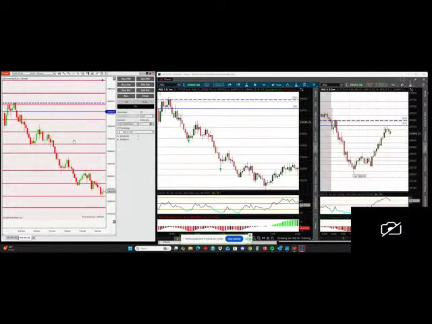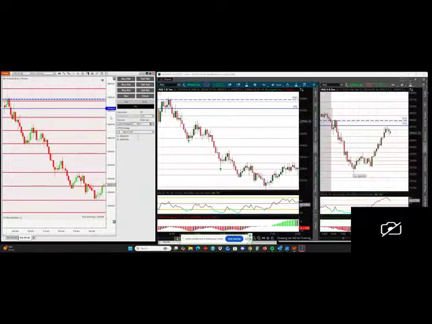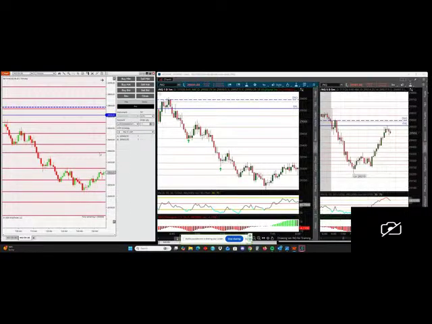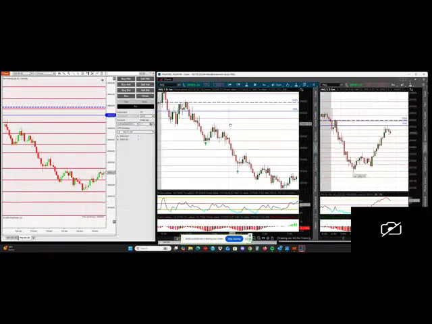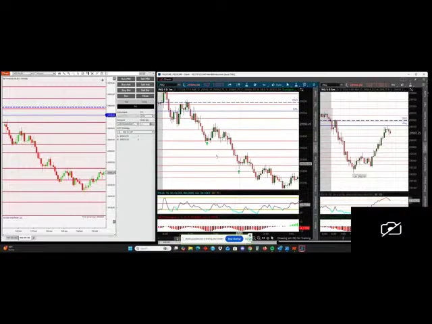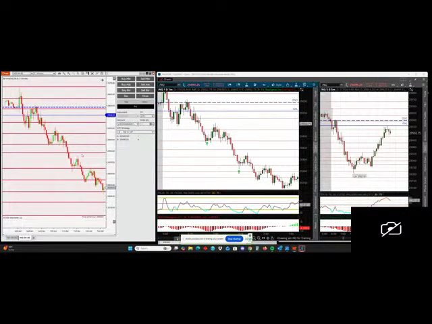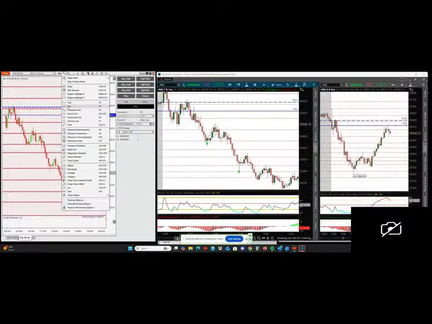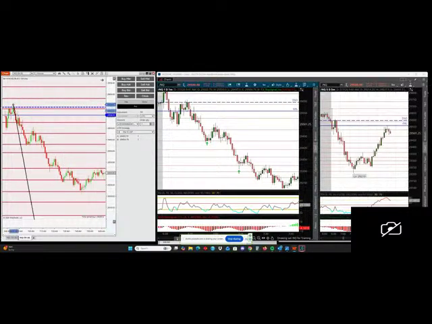So as the market dropped, I want to show you guys something. There are the legs that the market was dropping down. So this leg and this leg down are probably the same. If I put, let's see here, this one right there. Oops, I picked the wrong one, sorry.